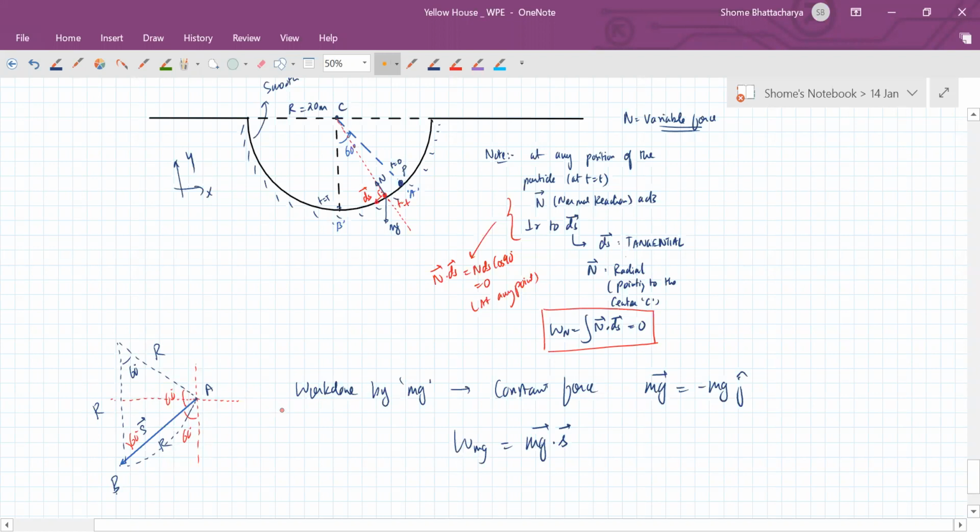It will become an equilateral triangle. So mg is acting vertically downwards. You can see the magnitude of the displacement will be equal to r, and theta will be 60 degrees with respect to the vertical. That is just the geometry of this.